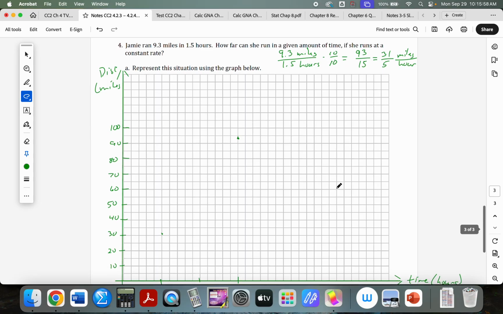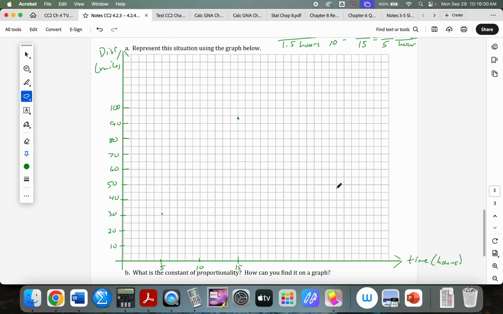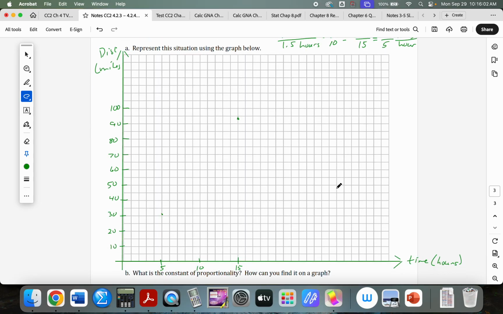And if she ran for 0 hours, how far will she have gone? 0. And then we can connect those.